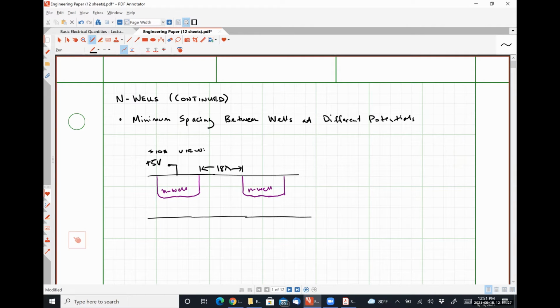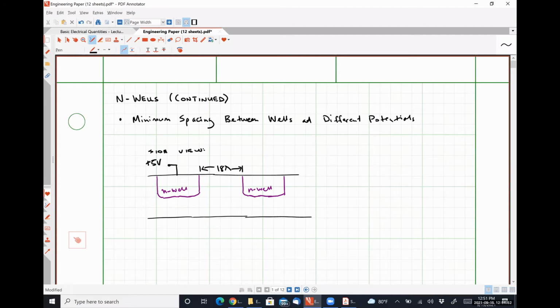Now, if we have an N well that is adjacent, but we're using it as a resistor, we wouldn't have that entire N well tied at 5 volts, because that wouldn't make any sense. If the entire resistor has a potential of 5 volts, it's not acting like a resistor at all because there's no voltage drop over it.